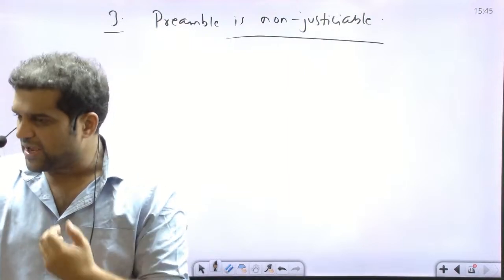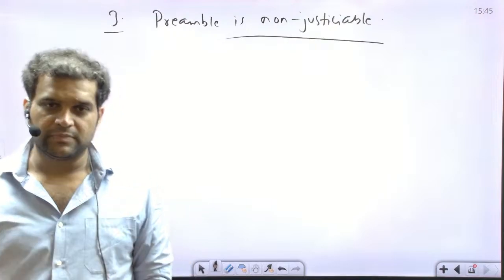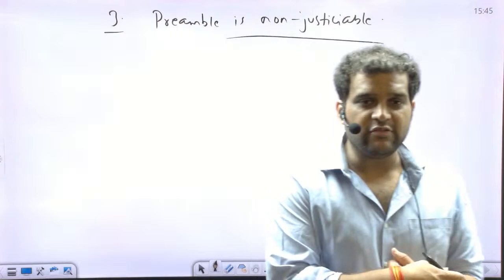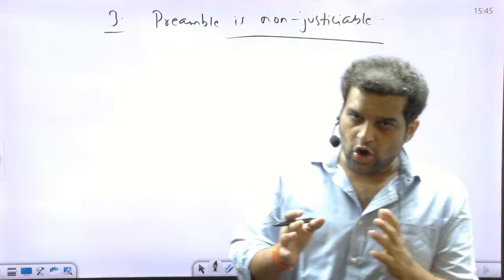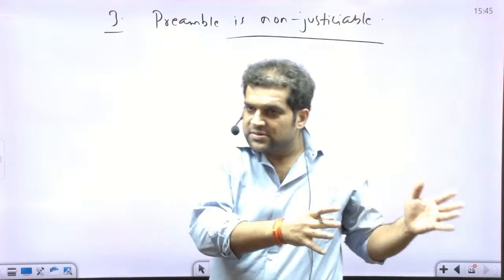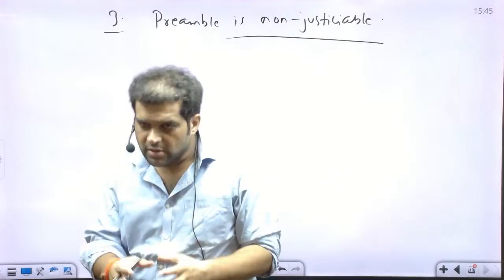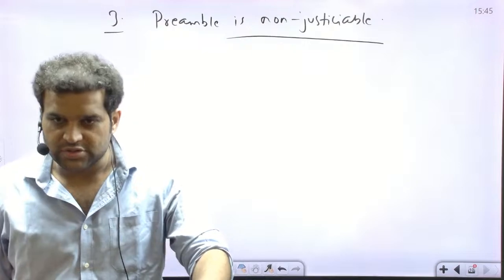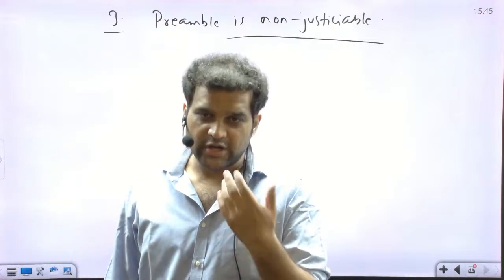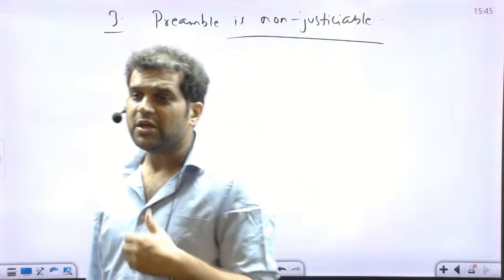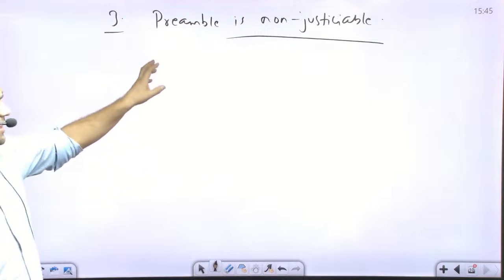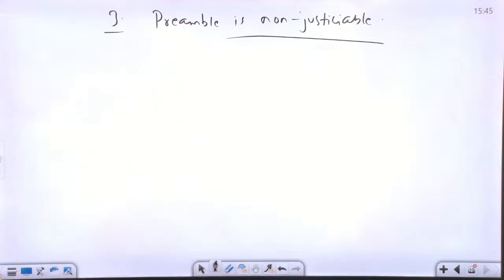So the preamble is non-justiciable. The government cannot be forced by anyone to make laws or policy which obeys the philosophy written in the preamble. The government is not forced, right? It can be persuaded though, it can be implored, but it cannot be forced.